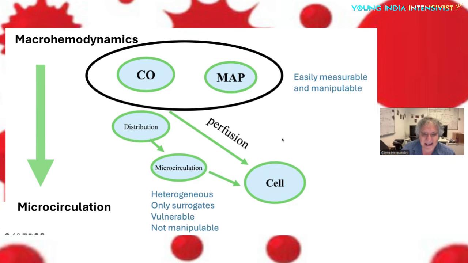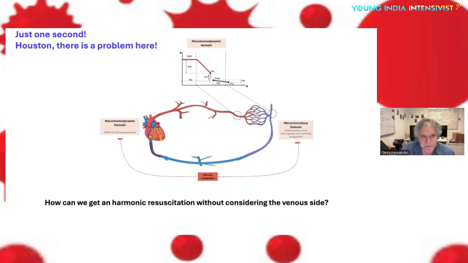And you cannot assess the distribution process. You cannot assess the microcirculatory flow except in a research context. And this is not manipulable. So this is like a faith-based medicine. You manipulate the macro, but you hope that it gets to the cells around. This is, in essence, the problem.